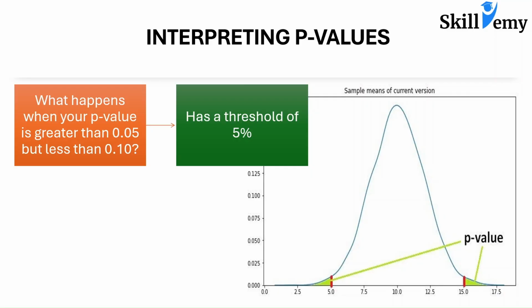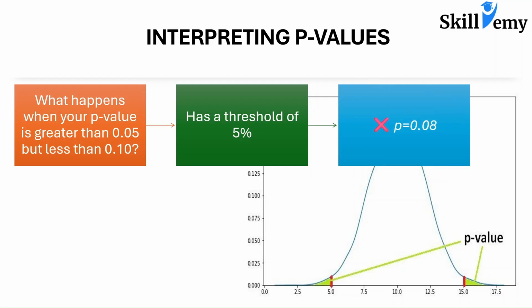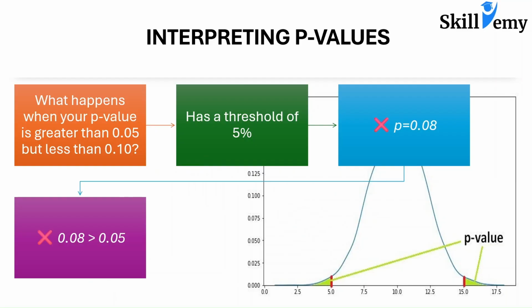So let's say we have a p-value with a threshold of 5%, but we run our analysis and we get a p-value equal to 0.08. So when we get 8% at a threshold of 5%, what this means is that the 0.08 is greater than our threshold of 5%.